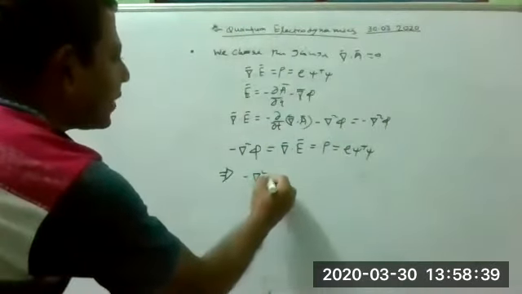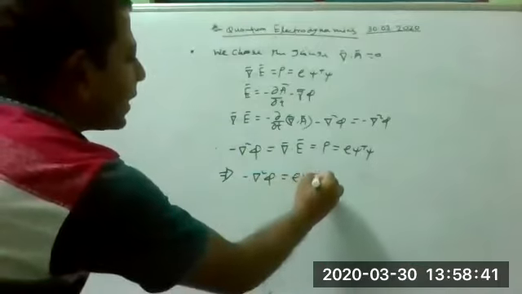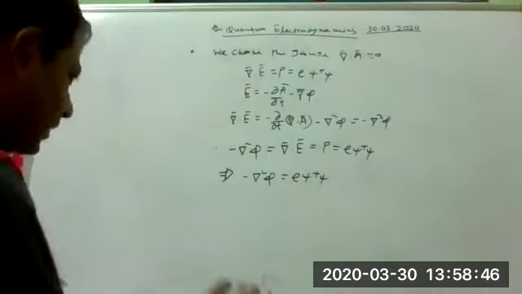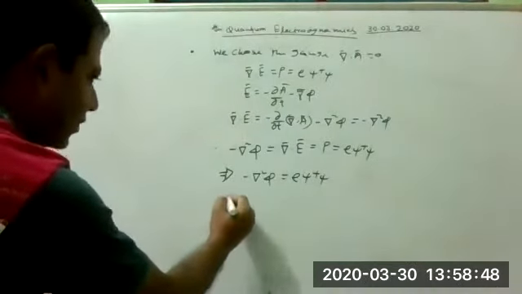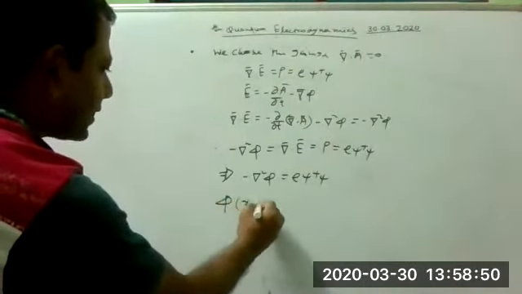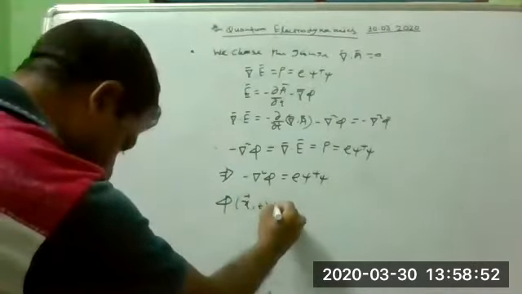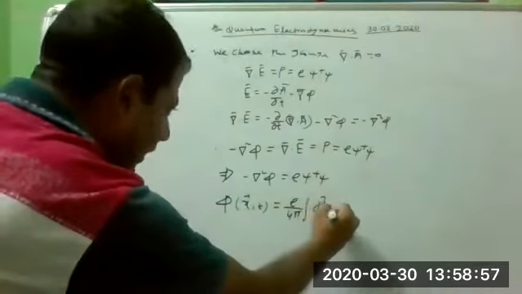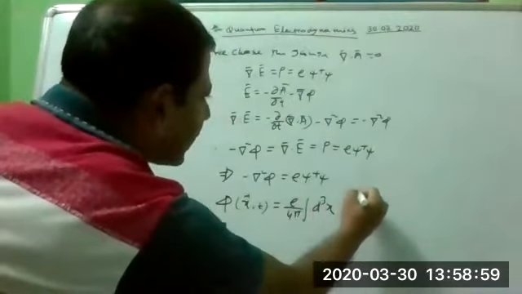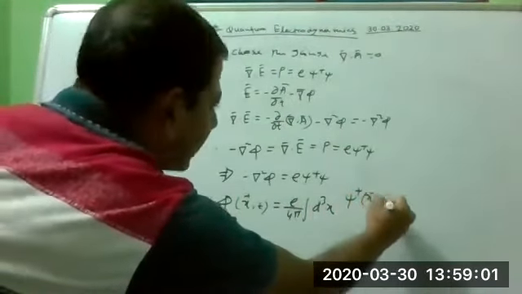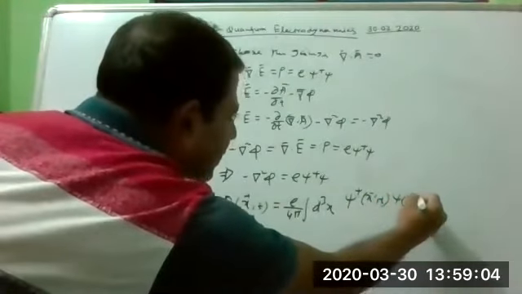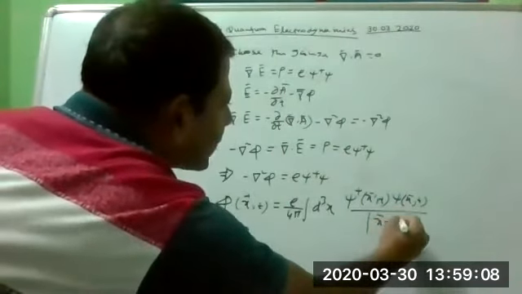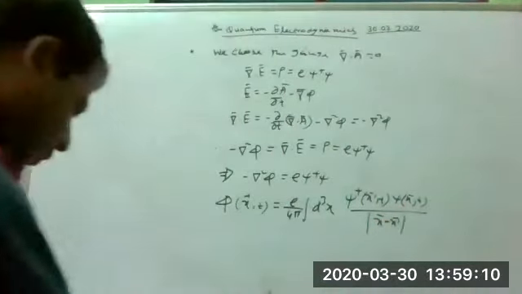So minus grad square phi equal to e psi dagger psi, which is a type of Poisson's equation with a negative sign. So the solution is phi of x, t equal to e by 4 pi integral d cube x prime, psi dagger of x prime, t psi of x prime, t divided by mod of x minus x prime.